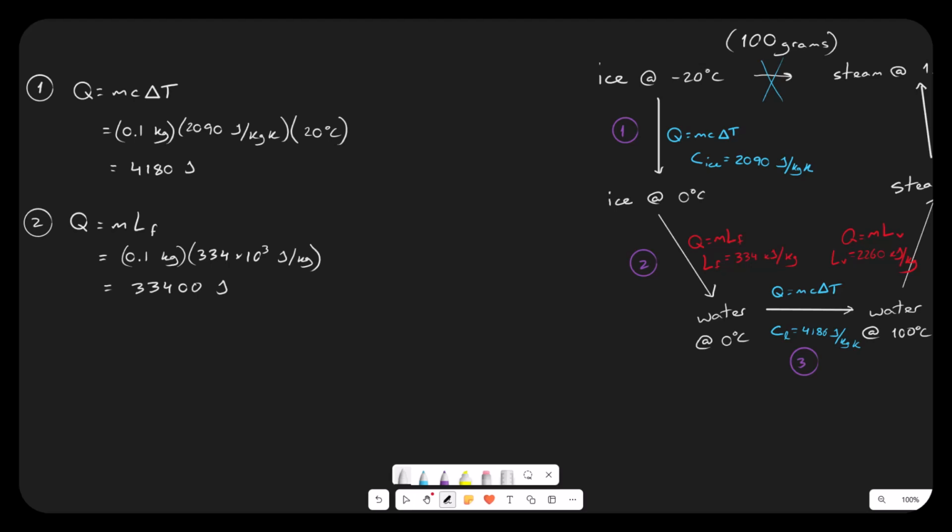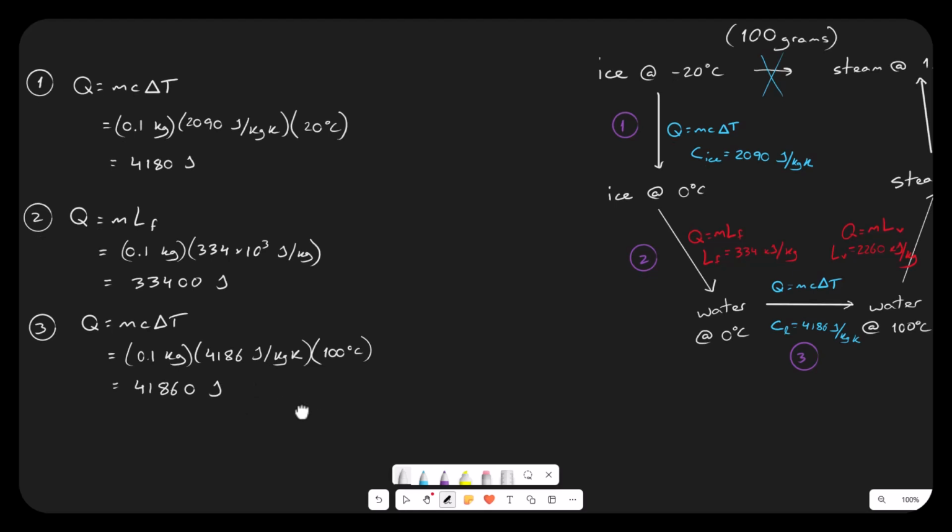Next, step 3. Step 3 is another heating. So I'll do that. I've got my 0.1 kilograms. I'm at regular water now, so 4186 joules per kilogram Kelvin. And I'm heating this from 0 to 100, so I'm heating this by 100. 100 times 0.1 is 10, times 4186 is 41860 joules.